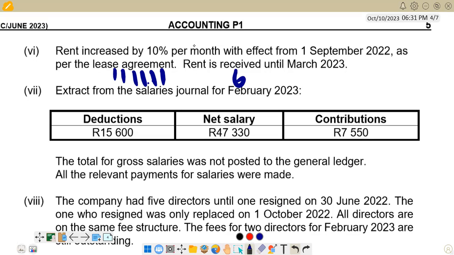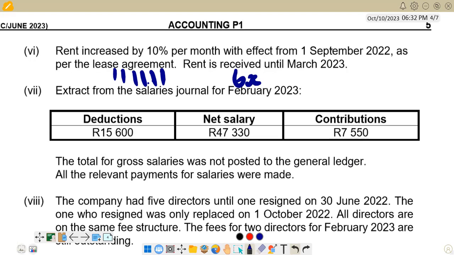Let's take the monthly rate as X. Before it increased, it was X. So the rent that was received before the increase was 6X. Then we look at how many months we have after it increased, up to the end of the year.